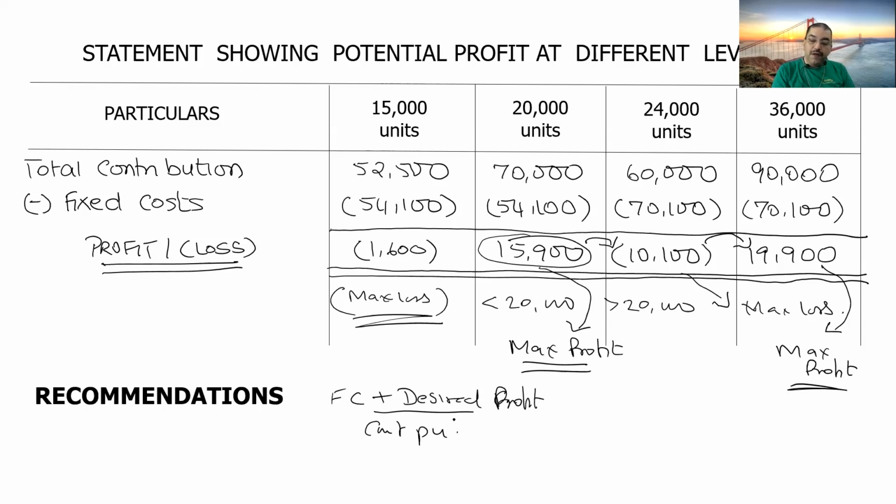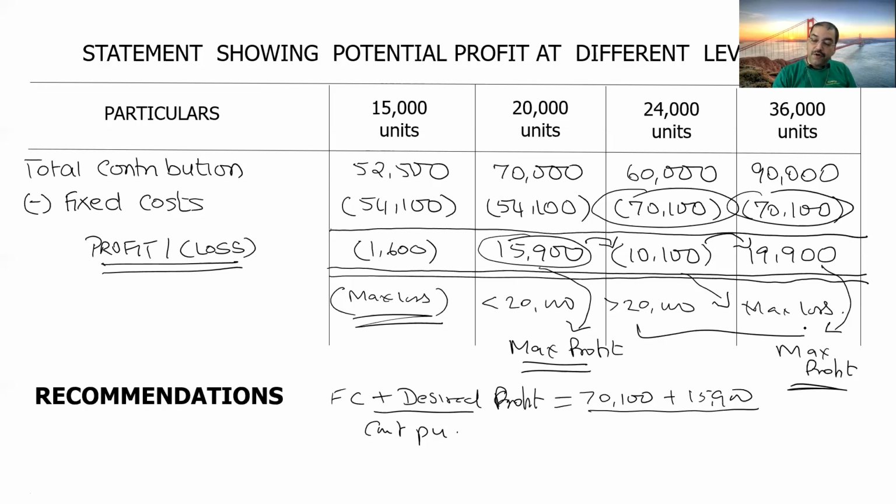Since I'm selling more than 20,000 units, fixed cost is 70,100. Desired minimum profit is 15,900. In this range, the contribution per unit is 2.5. So I should sell around 34,400 units.